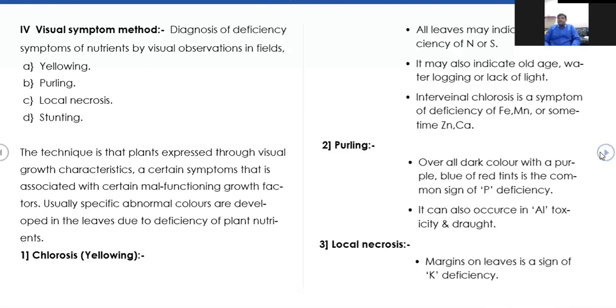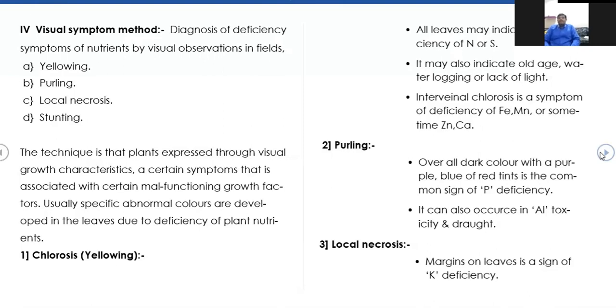It may also indicate old age, waterlogging or lack of light. Then another symptom, interveinal chlorosis, is a symptom of deficiency of iron, manganese, or sometimes zinc or calcium.